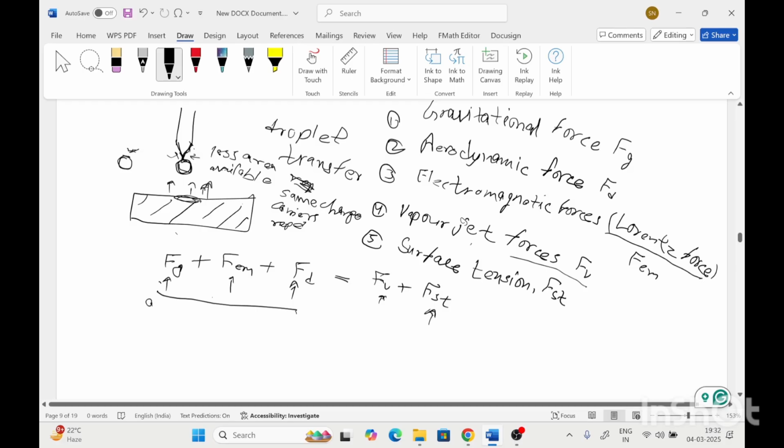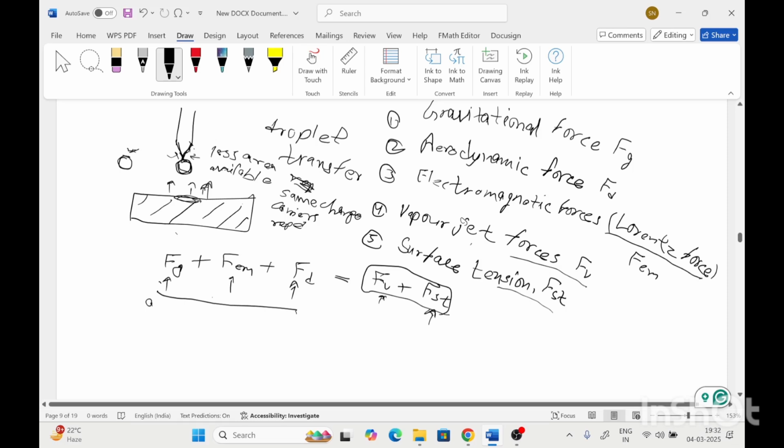So the surface tension will not allow the droplet to drop down, because the surface area would increase. To minimize that, this force will not allow the droplet to drop down. That's why it comes on the right-hand side.